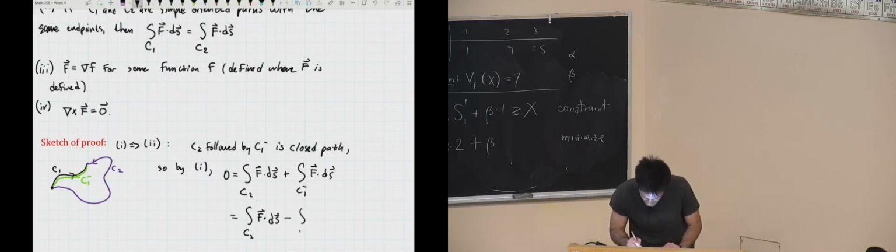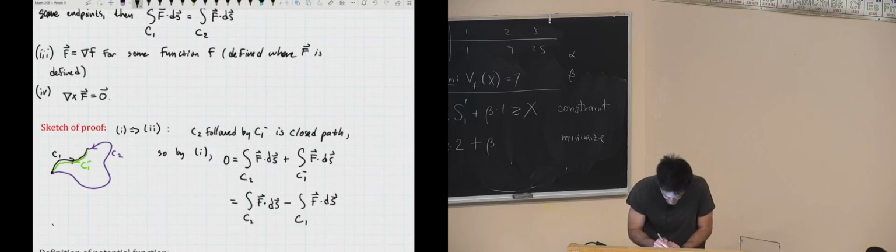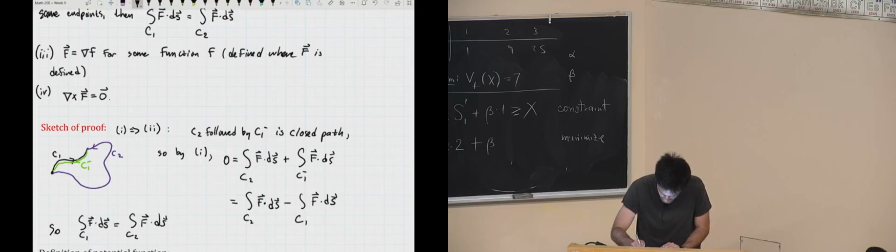So I'll get a minus integral over C1 of F dot ds. So the integral of F over C1 is the same as the line integral of F over C2. Cool.